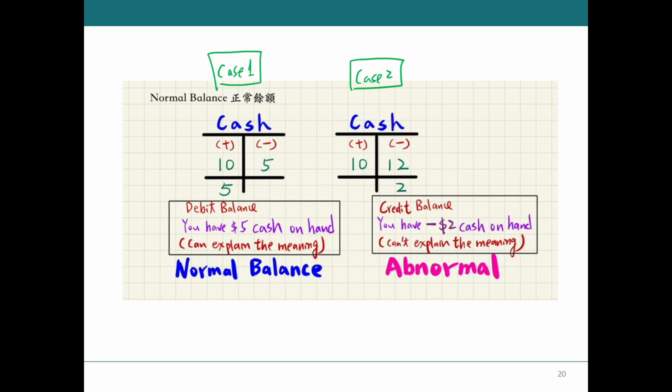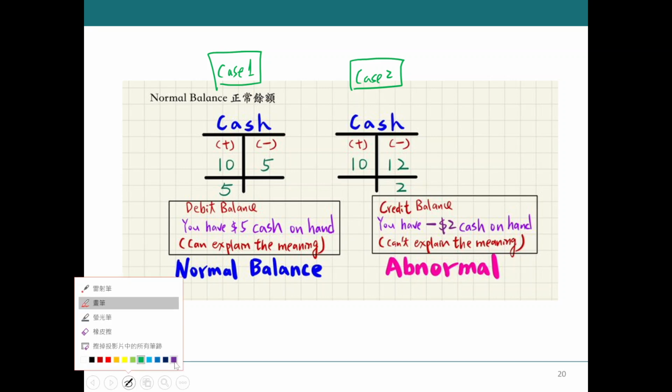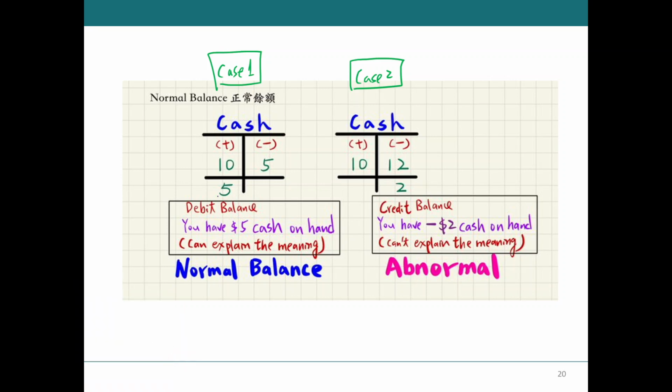So no matter we talk about case 1 or case 2, asset increase on your debit left, decrease on your credit right. Okay, so case 1, after all the process, we got the final amount. So what's our final amount? $5, right?